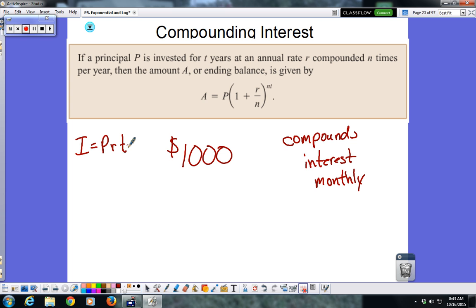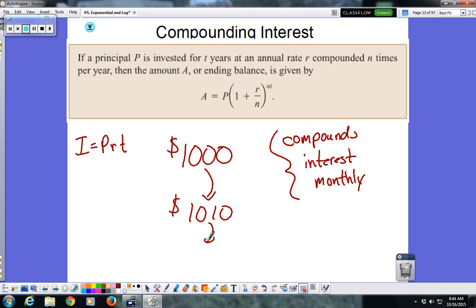So compounding interest monthly means after 1 month, they calculate how much interest you've earned, and they take not just the $1,000, but that interest and put it with your other money. So after 1 month, you no longer have $1,000. After 1 month, you have $1,010, because interest is compounded monthly.